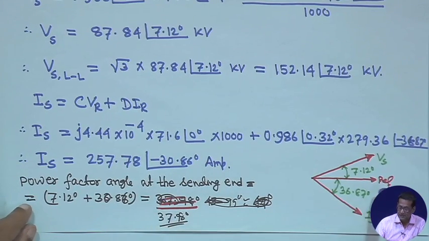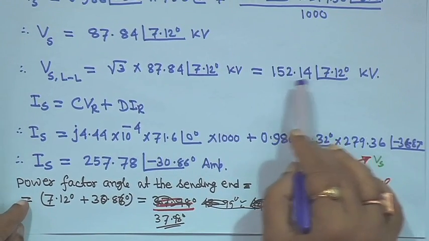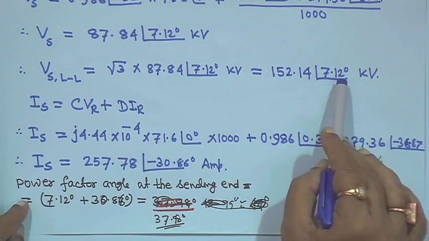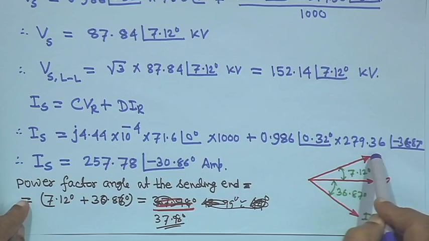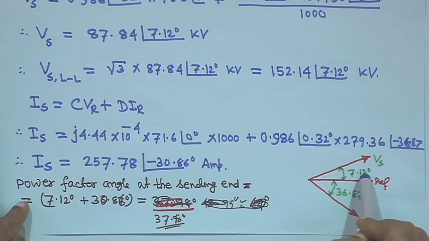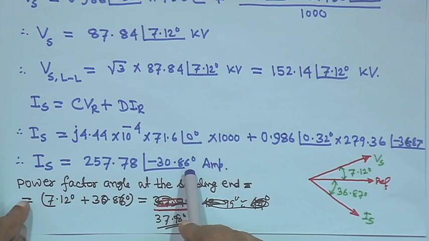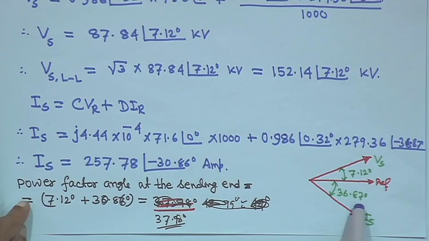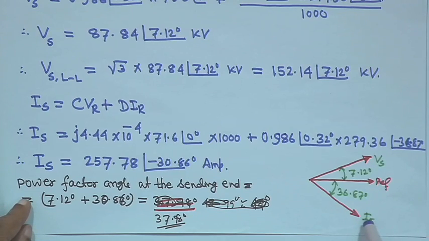Therefore, to find this, you take a reference line. Your Vs is 152.14 angle 7.12 degree, so leading from this reference line. So, this is your Vs at 7.12 degree and current is at minus 30.86 degree. So, this side is 36.87 degree. The power factor angle will be the angle between the sending end voltage and this sending end current.